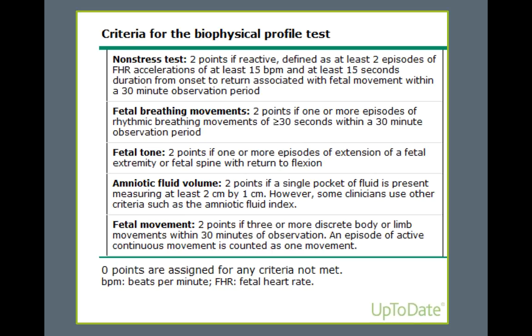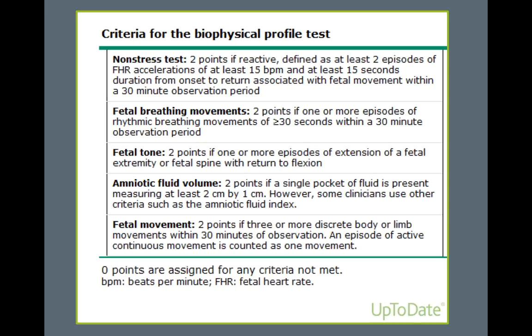So for the biophysical profile test, we do several different things: the non-stress test, fetal breathing movements, fetal tone, amniotic fluid volume, and fetal movement. I would like for you to know what is included in the biophysical profile test.